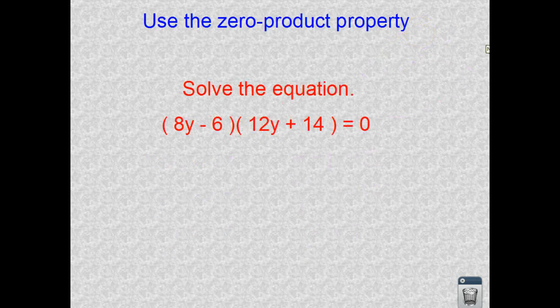All right, same idea. It says solve the equation. We're going to find our roots. And you could do it mentally. What number multiplied by 8 subtracted by 6 would get you 0?